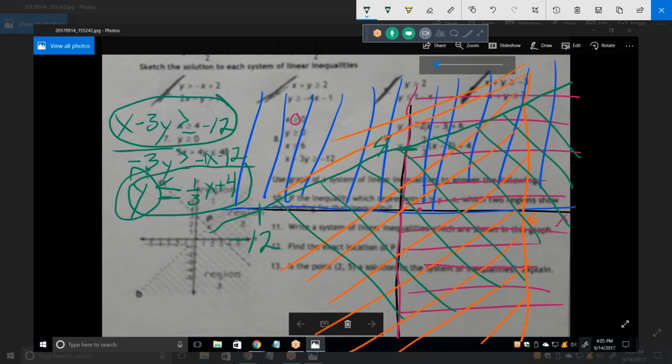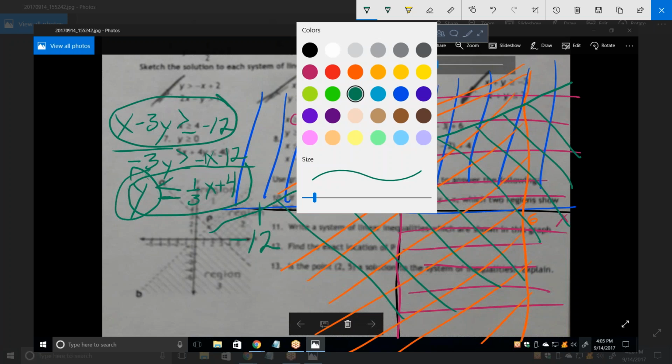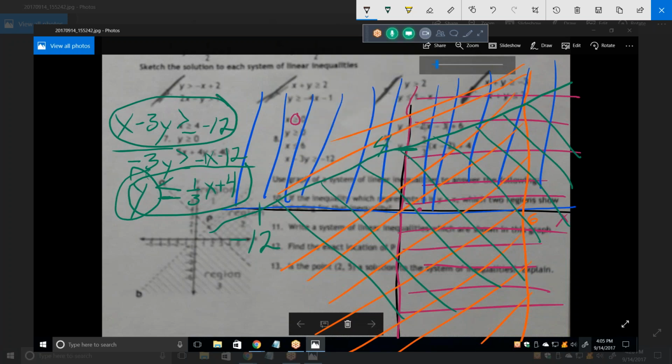So now our area is the area that has all four colors in it, which looks to me like... correct?